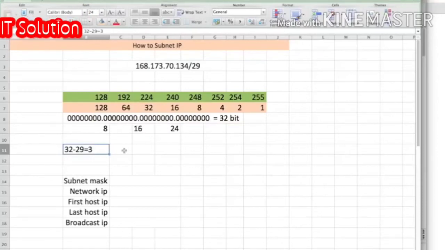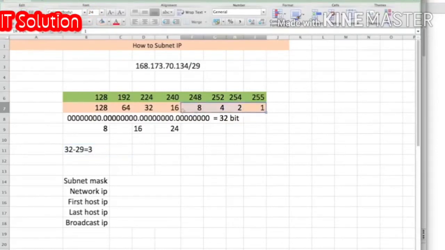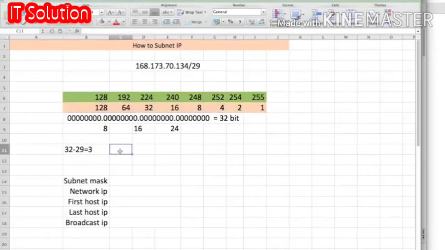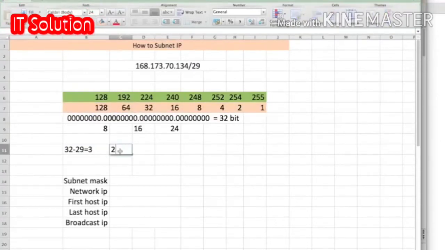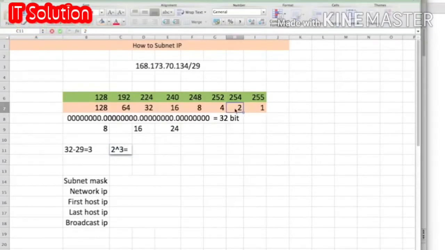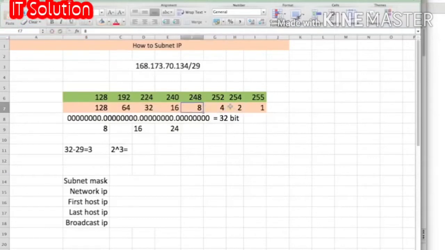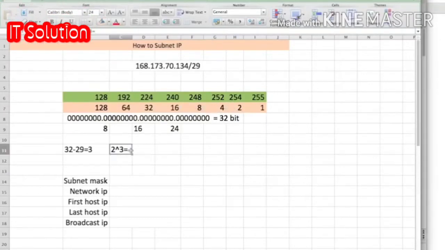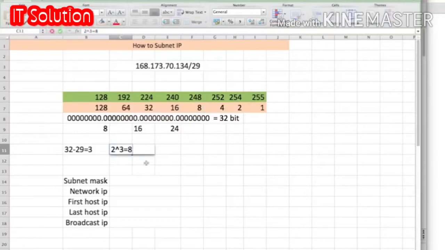So the next thing you do is you look at the second row here that I created. So you take 2 and you raise it to the power of 3. And that equals, well, let's look at it. 1, 2, 3. That's 8. And you write down 8.